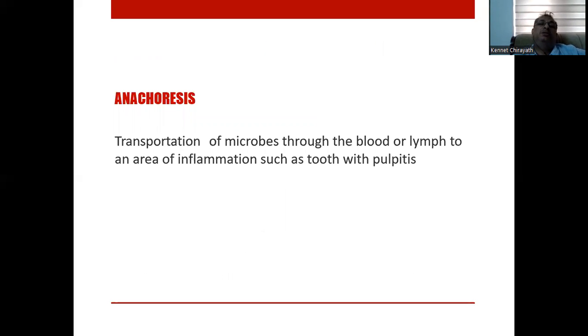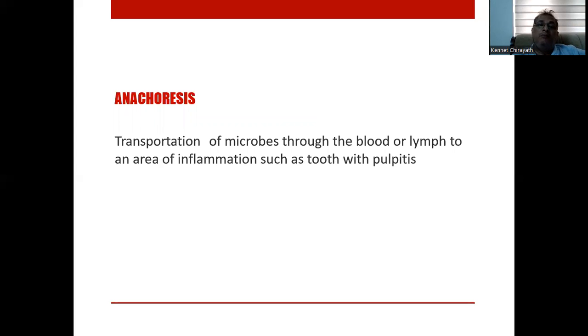Anachoresis. Anachoresis is the transport of microbes through the blood or by the lymph to an area of inflammation, such as a tooth with pulpitis.